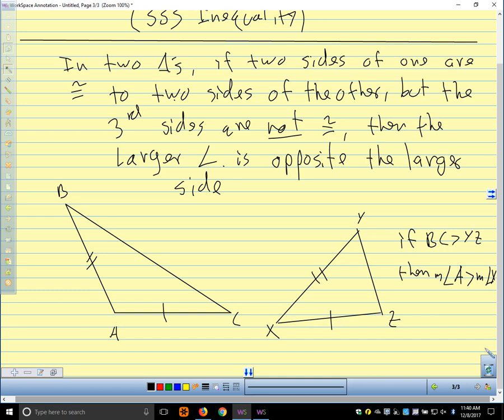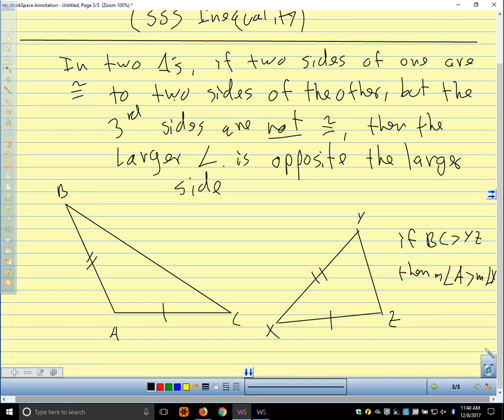Now both of these things we would prove using an indirect proof. That's why we talked about them after indirect proof. So let me step through it quickly here. What we'd start with is we assume the opposite of what we're trying to prove. We'd say, assume that the measure of angle A is not greater than the measure of angle X. Assume that they're equal. Then these two triangles would be congruent by side, angle, side.